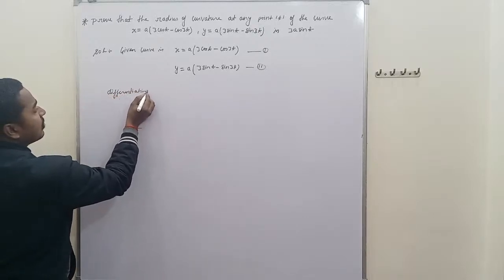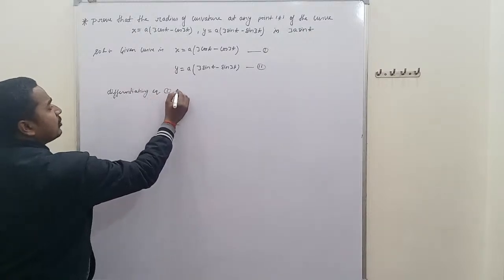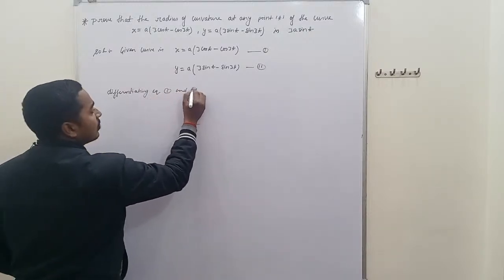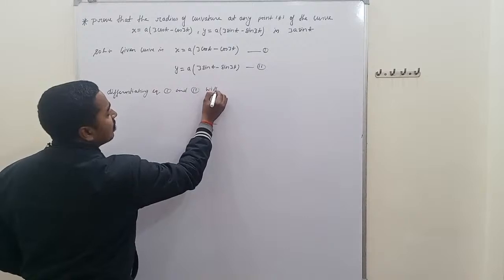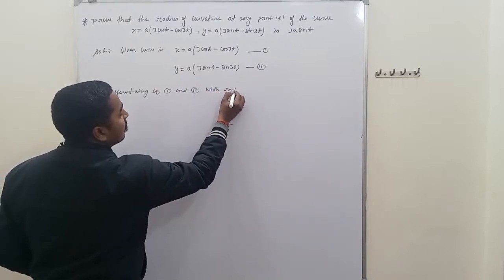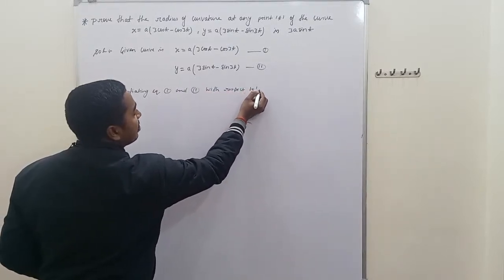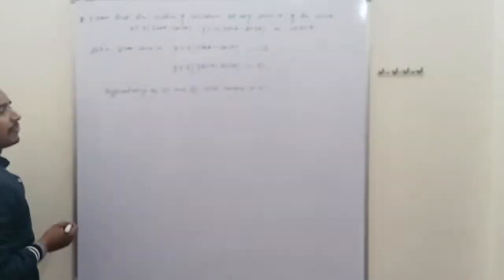Differentiating equations 1 and 2 with respect to t. First we have to differentiate equation 1.